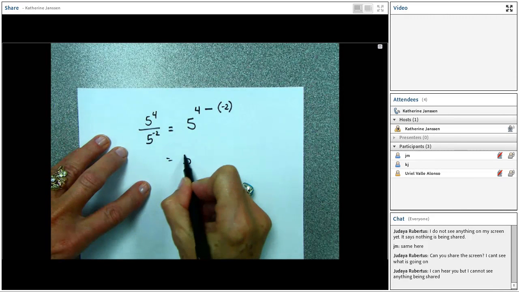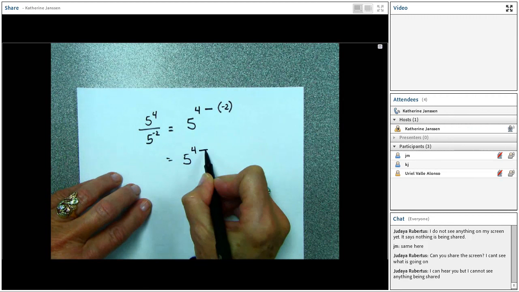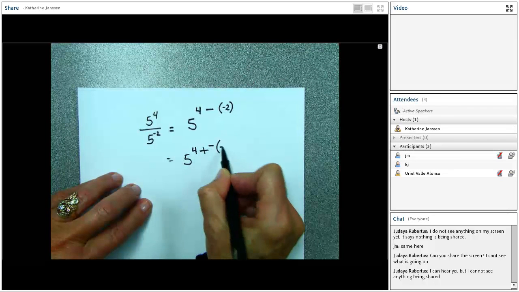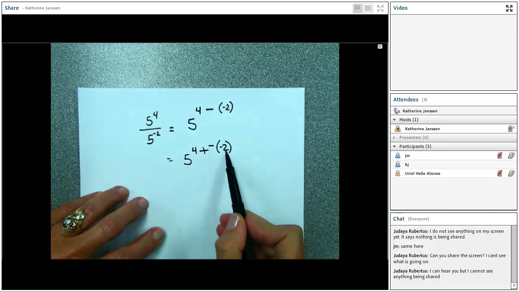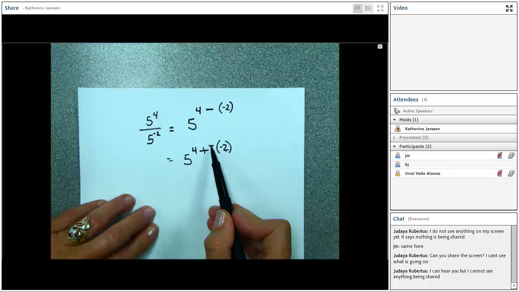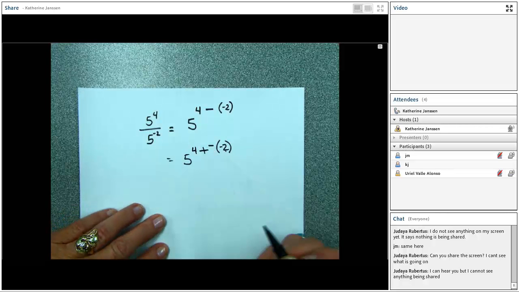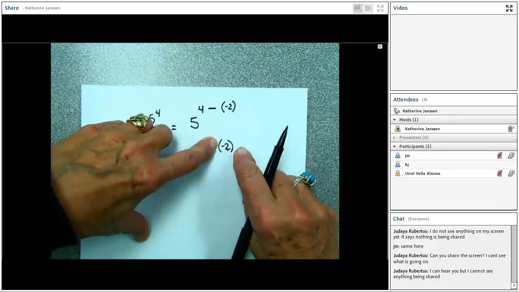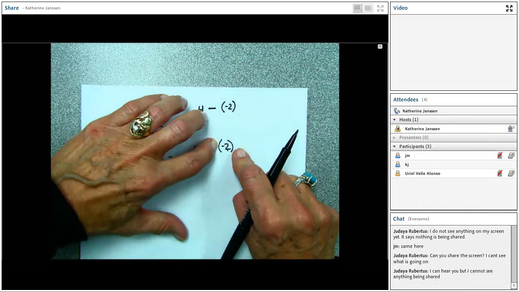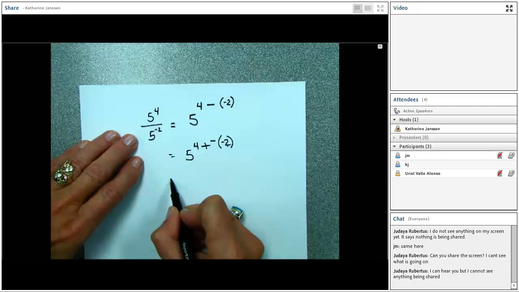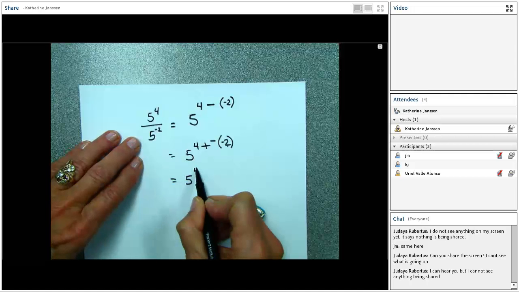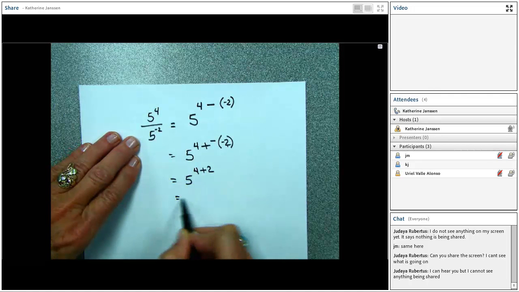Now I have 5 to the 4th, change subtraction to addition and add the opposite. I have a negative 2 and I'm asking for its opposite. That'd be positive 2, so 4 plus 2, which is 5 to the 6th.